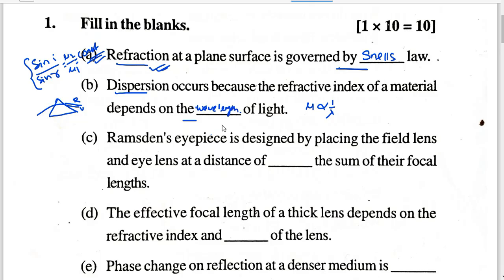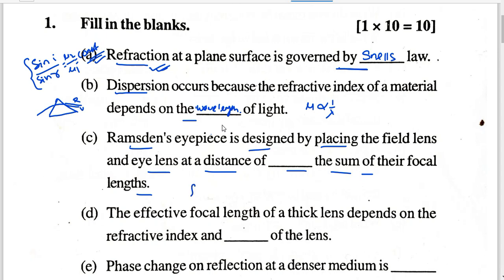So next, see, the Ramsden eyepiece is designed by placing the field lens and eye lens at a distance of dash the sum of their focal lengths. So in the Ramsden eyepiece there are two lenses, that is field lens and eye lens, and each has focal length f.